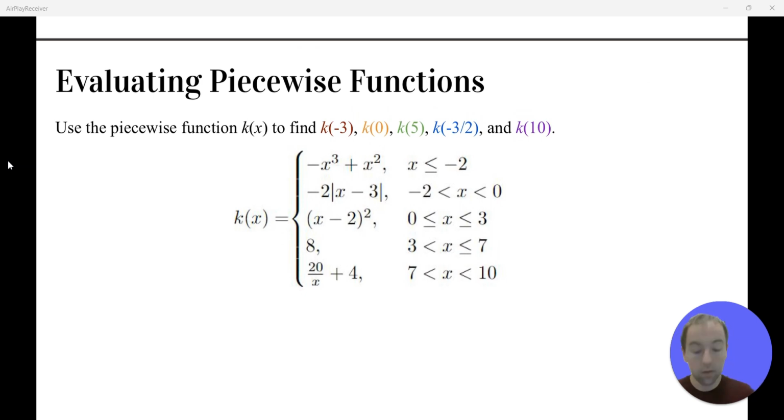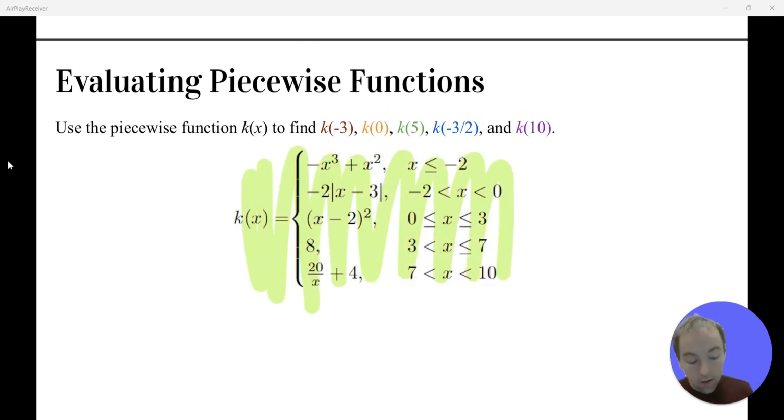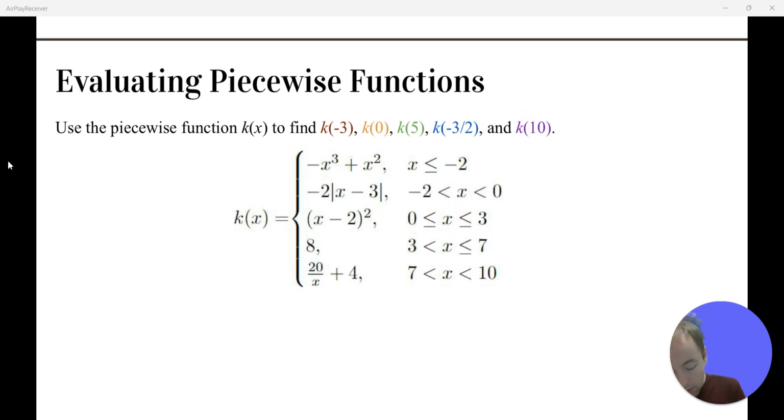Now, the way this is expressed here is kind of a lot of stuff, right? This is actually an equation that says that k of x could equal this, or k of x could equal that, or k of x could equal this, or k of x could equal this, or k of x could equal this. So k of x could equal 5 different things, but not all at the same time.